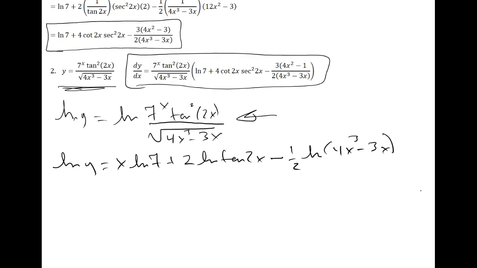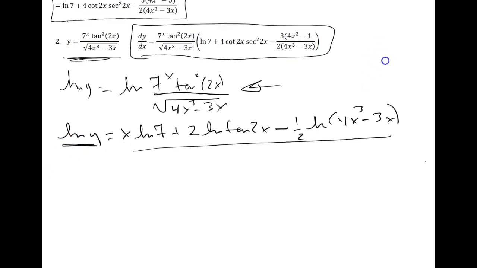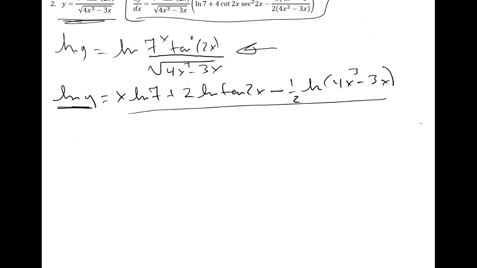Okay, and now we're ready to differentiate. Now, we've already differentiated this side here in the first problem, so let's give the answer. But for the left-hand side, natural log of y, we have to differentiate implicitly with respect to x.